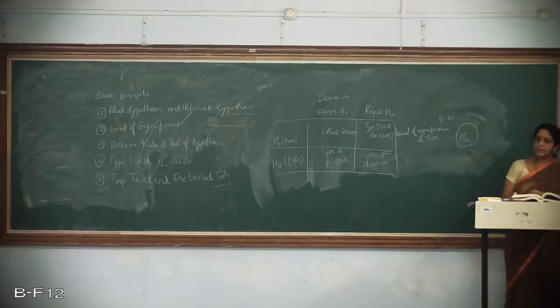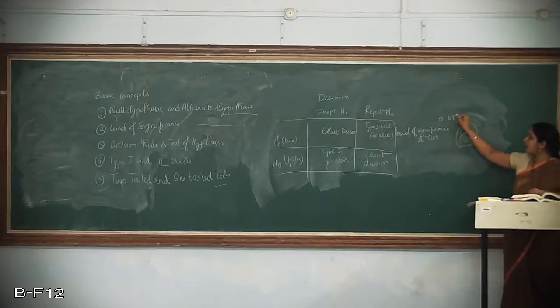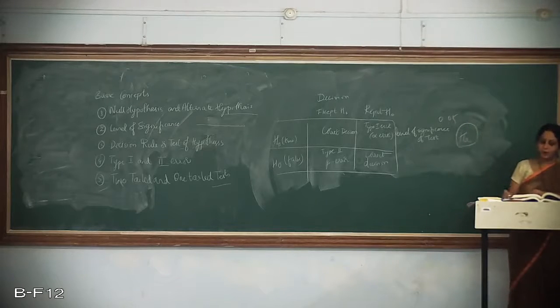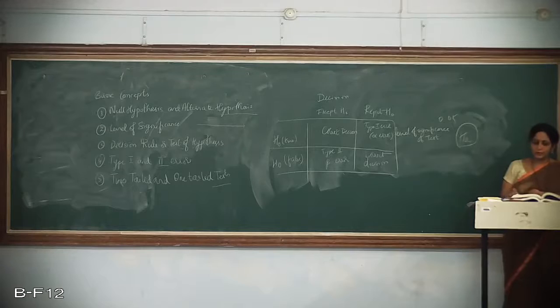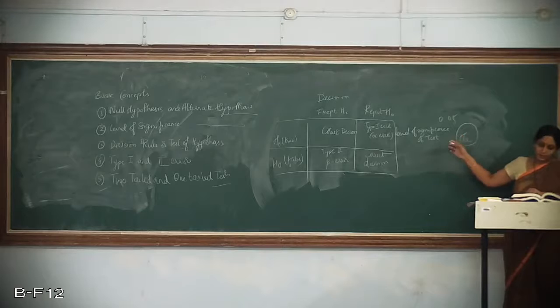It implies that H naught is rejected when the sampling result has less than 5% probability of occurring. Thus, there is 5% risk in rejecting the null hypothesis. So that becomes the maximum value for rejecting H naught, and it should be fixed in advance.